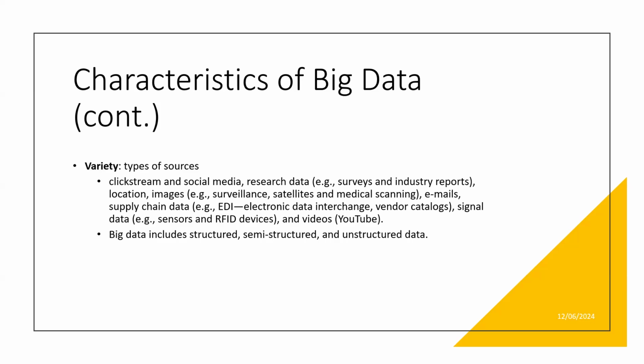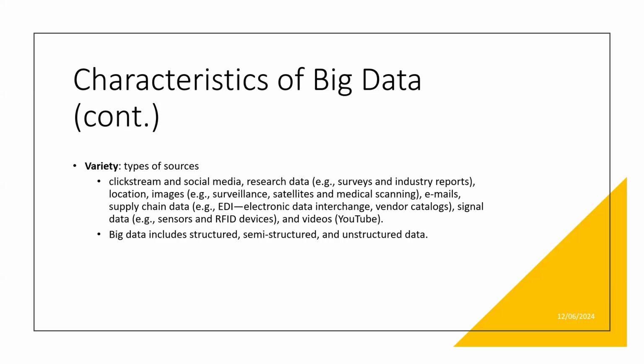For example, you can talk about the clickstream, which means how people are interacting with your application, social media, or research data. You can have surveys, reports, location details, images in various modes, emails, supply chain data, especially in the business domain, signal data, and even videos.